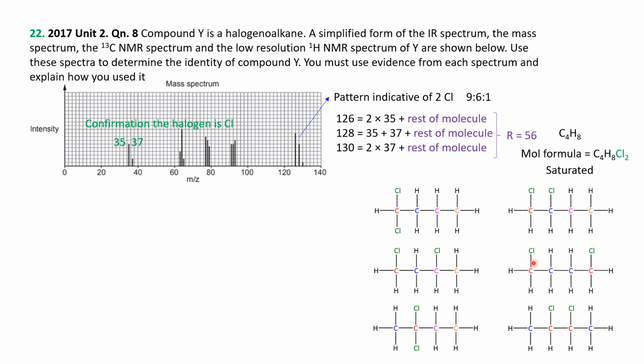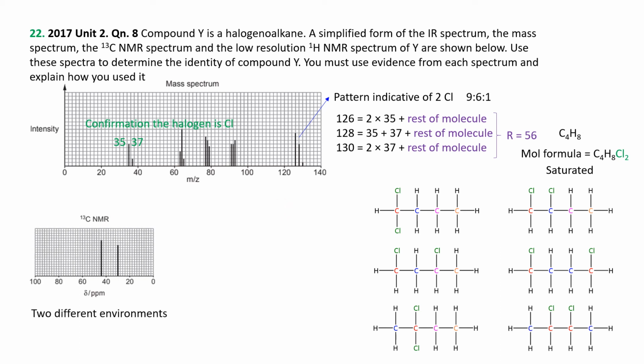However, if we look at the 1,4-dichloro and the 2,3-dichloro, we can see that the symmetry of the molecule is such that there's only 2 types of carbons. So before I even reveal the carbon NMR, it's either going to have 4 peaks or 2 peaks, and that will enable us to eliminate a significant fraction of the possibilities.